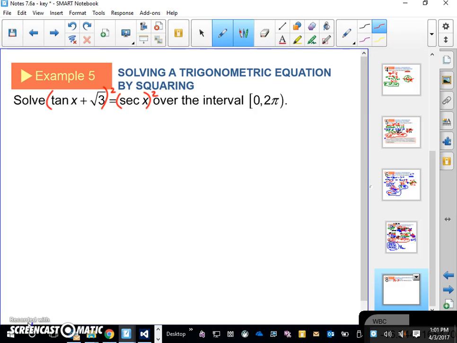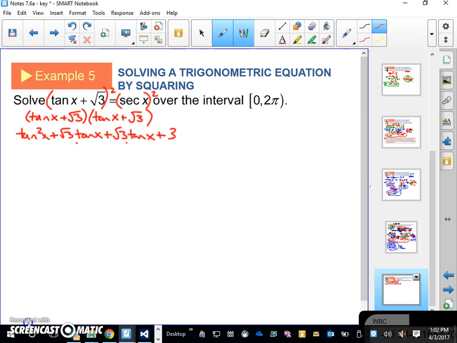So if you knew how to square this in your head, that would be great. You can't just distribute the 2, so make sure you're not distributing the 2. You'd have to do something more like FOIL when you square this. So FOIL, you're going to get tangent squared x plus square root of 3 tangent x plus another square root of 3 tangent x plus square root of 3 times square root of 3 is 3.